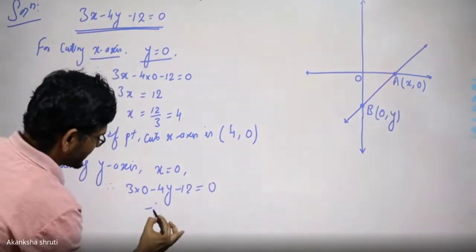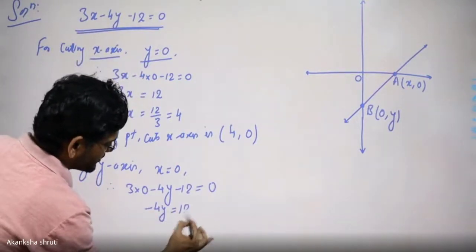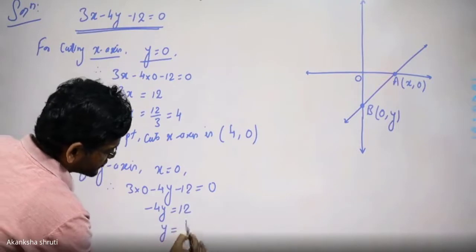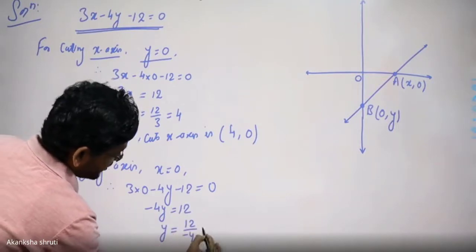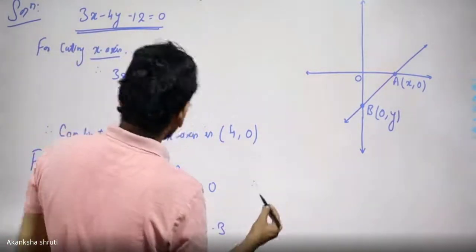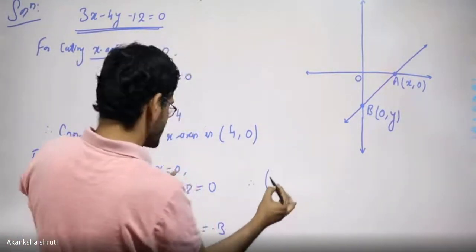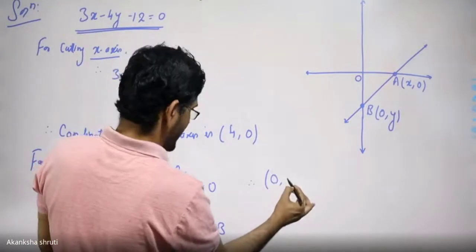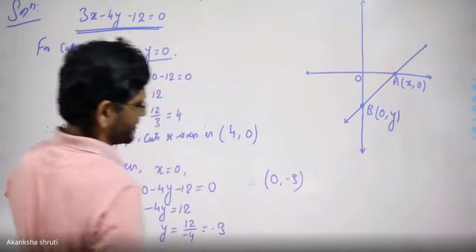It is like minus of 4y equals 12. So y is 12 by minus 4, it is our minus 3. Therefore, the point is, students, now x is 0, y is minus 3.